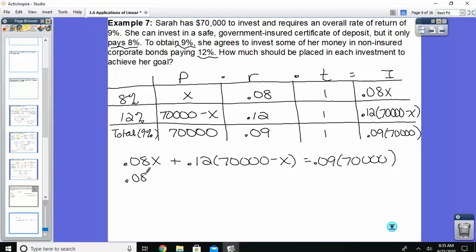Start working this out. I have 0.08x plus 1,400 minus 0.12x.